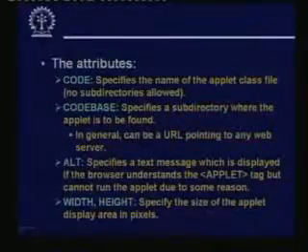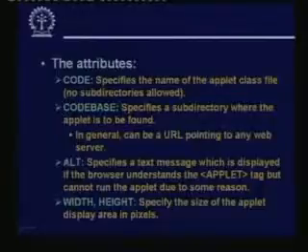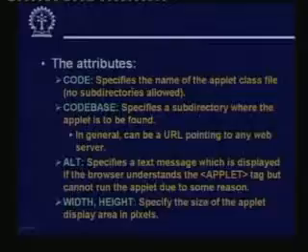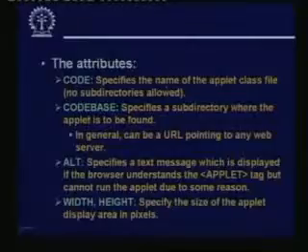Now, let us see what the different attributes of the applet tag specify. Code we have already seen in the example. It specifies the name of the applet class file. Now, when you are specifying the applet class file, subdirectories are not allowed. Like you cannot write xyz/example1.class. You will only have to write example1.class. Subdirectory specifications are not allowed here.